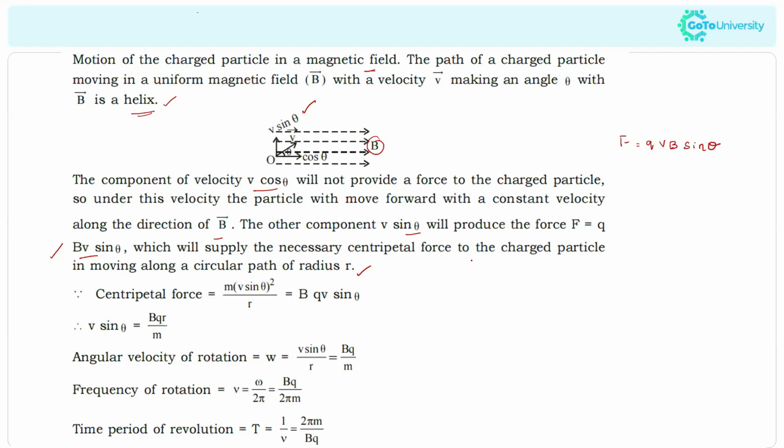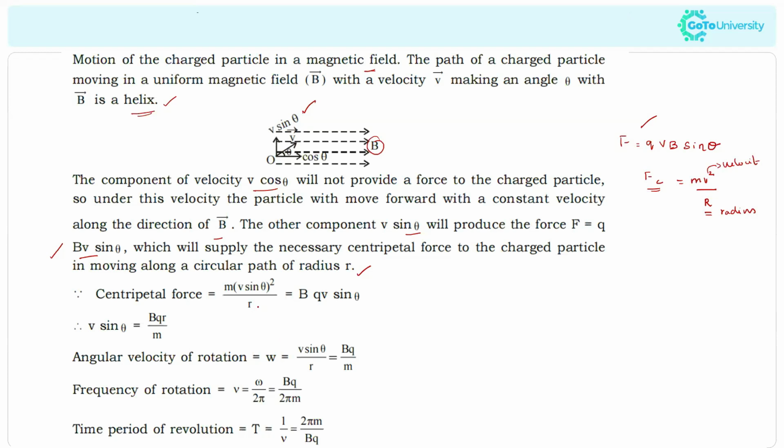So here we are going to equalize this force with the centripetal force because it is following a circular path. It is known that the centripetal force is always equal to mv square divided by r, where r is the radius and v is the velocity. Now we can equalize both.